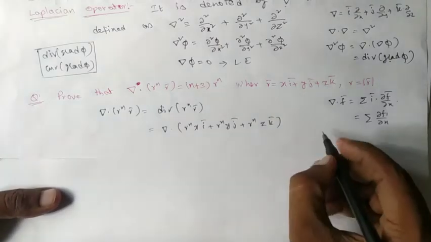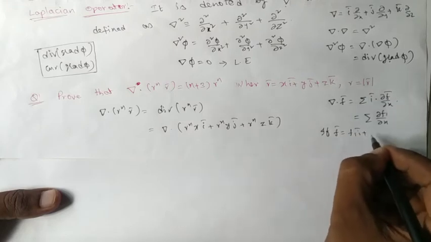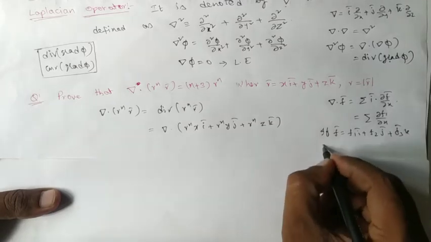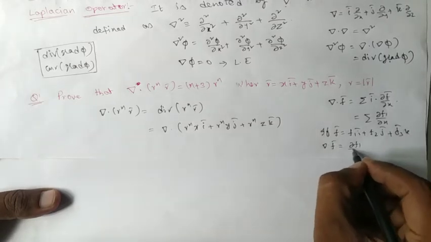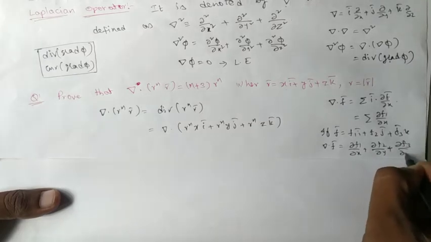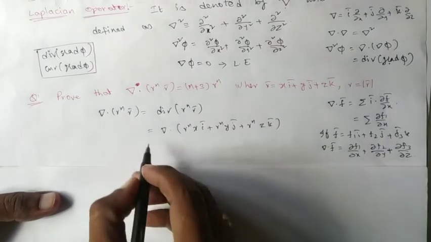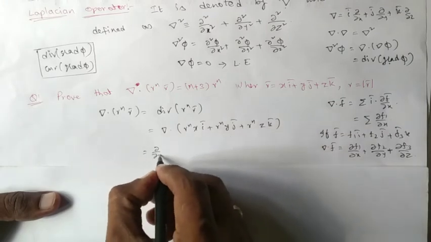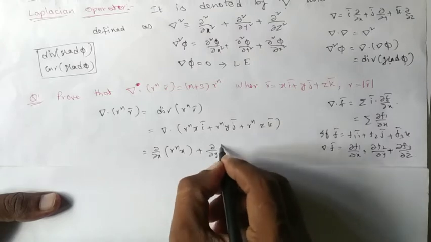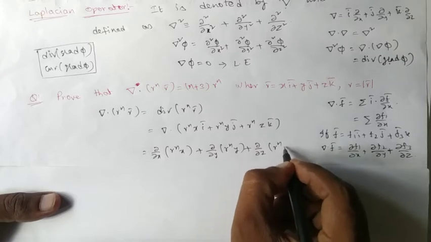If f bar is f1 i bar plus f2 j bar plus f3 k bar, then del dot f bar equal to dou f1 by dou x plus dou f2 by dou y plus dou f3 by dou z. This is the other definition for problem purpose. So I can write this equal to dou by dou x of r power n into x plus dou by dou y of r power n into y plus dou by dou z of r power n into z.